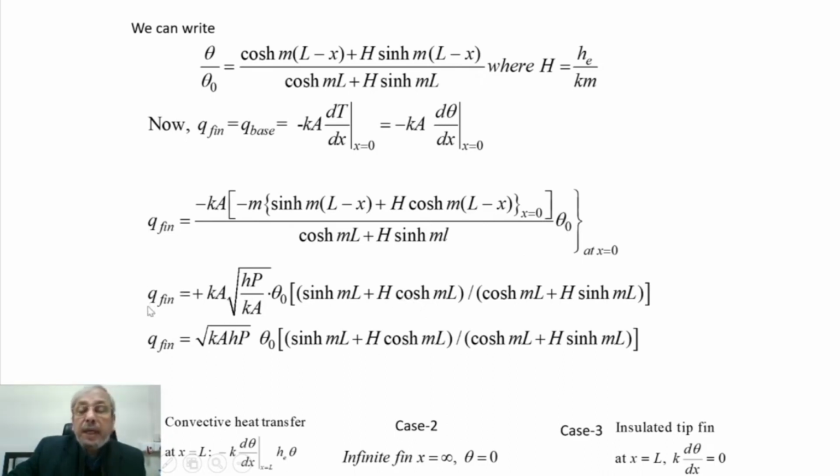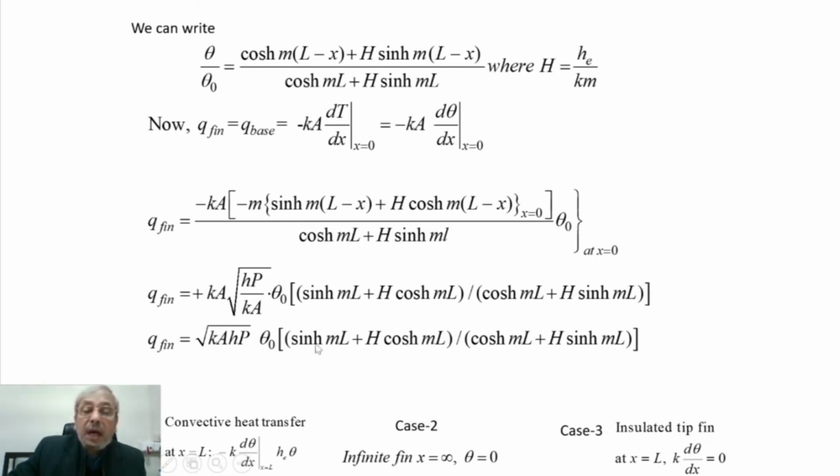So Q fin, we can write basically kA, and m is root over hP by kA, into theta naught, multiplied by this term: sinh mL at x equal to 0, H cosh mL at x equal to 0, divided by cosh mL plus H sinh mL.